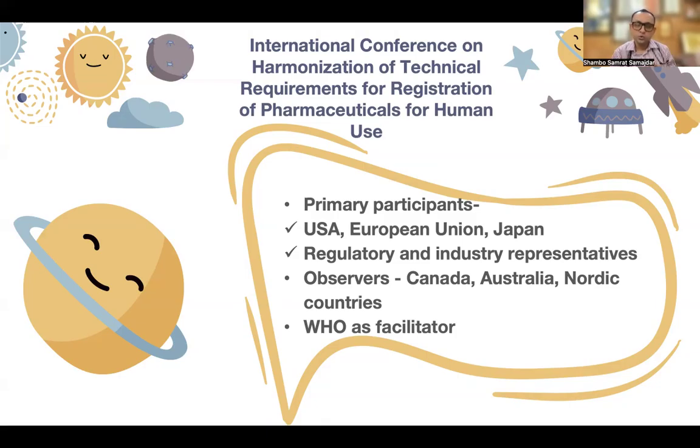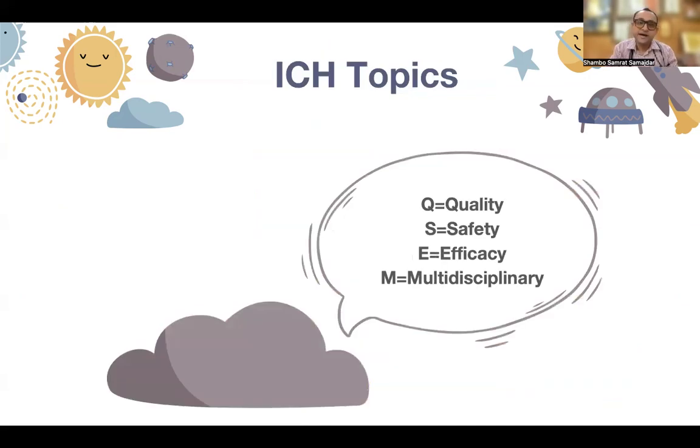The primary participants were US, European Union, and Japan. There were regulatory and industry representatives. Canada, Australia, and the Nordic countries played the role of observers. WHO acted as facilitator. What were the ICH topics? Q for quality, S for safety, E for efficacy, and M for multidisciplinary.